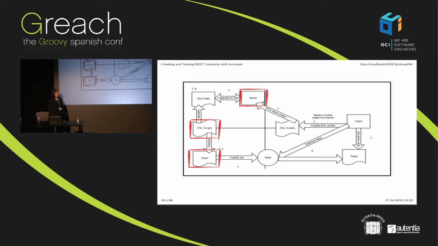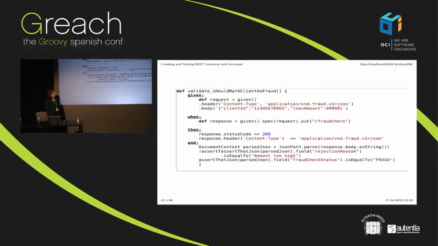Okay, so what happens is we have the stubs. The stubs can possibly be published. But along with these stubs, what will get generated automatically by the Accurest plugin when you run Gradle clean build are stub tests. And this is what the stub test for the script I've shown you before looks like.